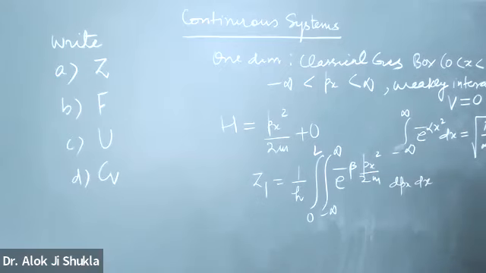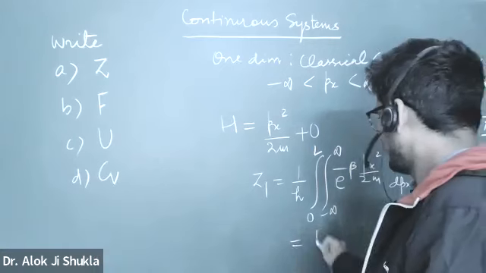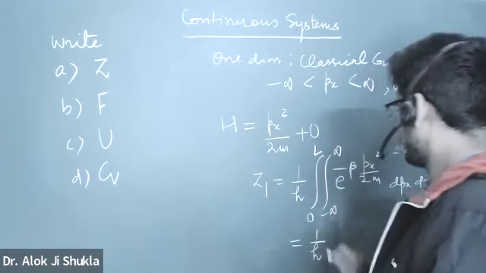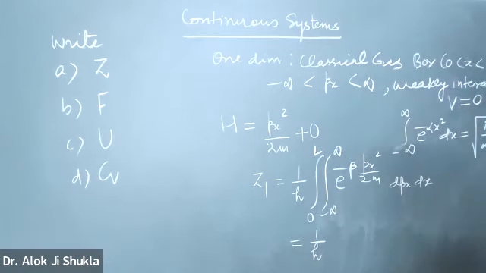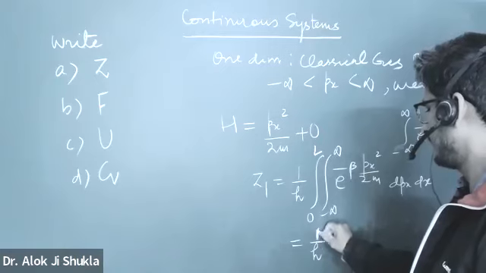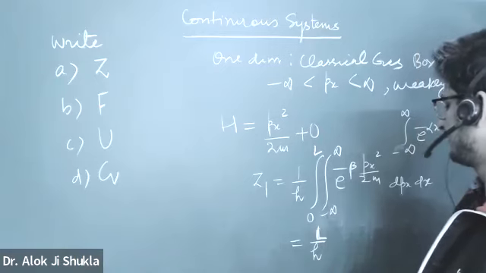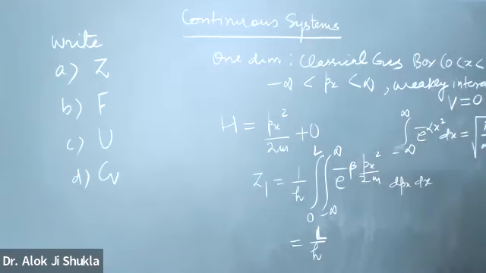So this will become 1 by h, and 0 to L dx will be integrated separately. It will become L by h, and this one px square by 2m will be integrated using this formula.